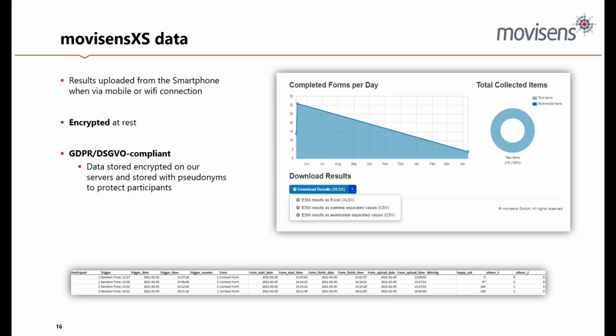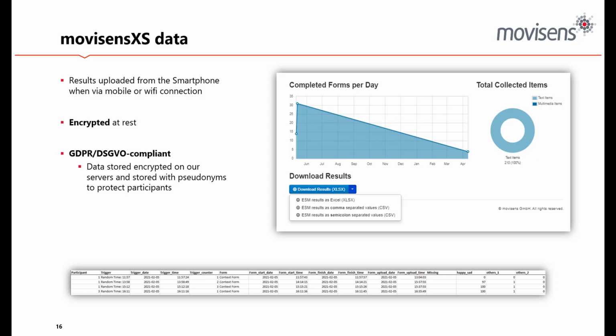And now over to the subjective side of the data. This is data that we're gathering from the participant by asking them actual questions, and sometimes it's other information on their context and behavior. These results are uploaded from a smartphone when either a mobile data connection or a Wi-Fi connection is present. It's always encrypted at rest on the smartphone, so even if the device gets lost, no one can decrypt the data and discover the answers that the participant has been submitting during the study.